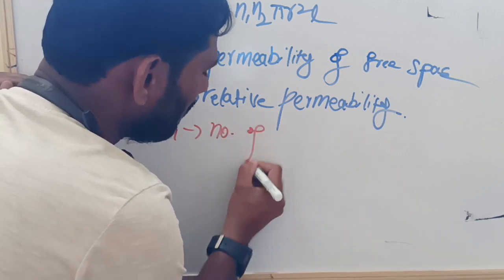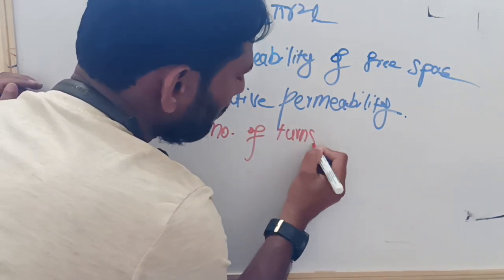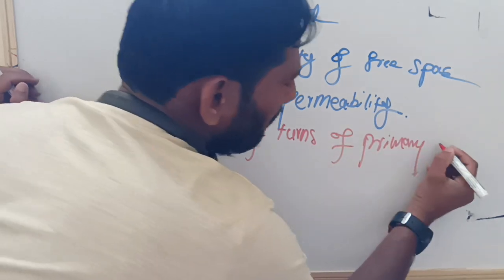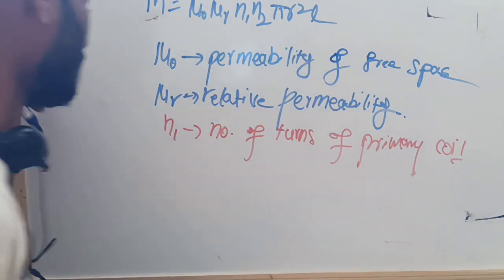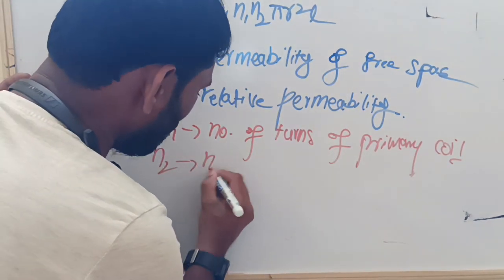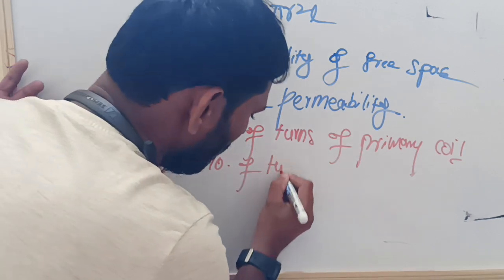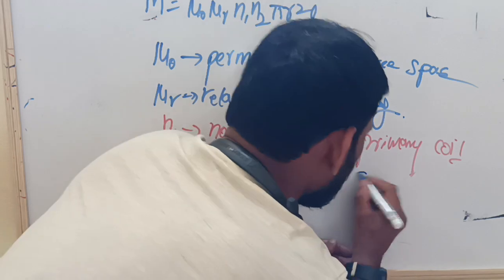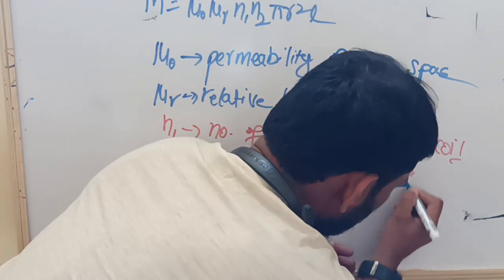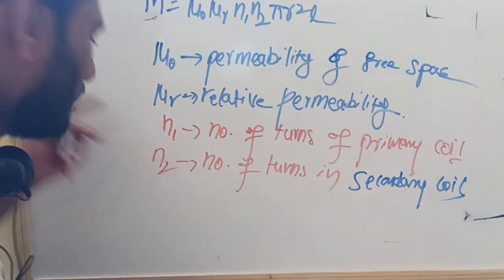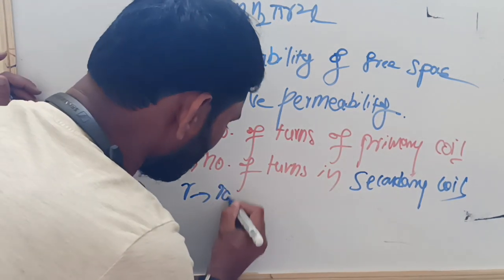N2, what is this N2? The number of turns in the secondary coil. R is the radius of the coil.